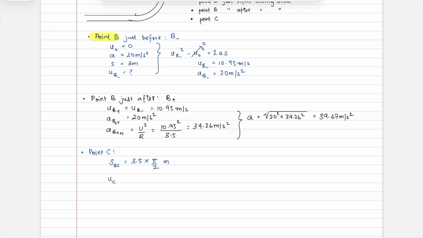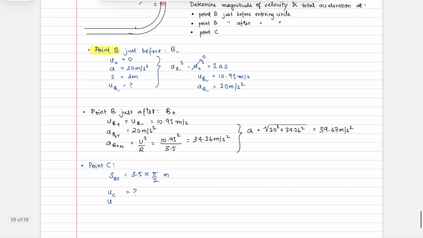What is the speed at position C? That is unknown. The speed at position B is given to us 10.95, and the acceleration is still the same as 20 meters per second square.